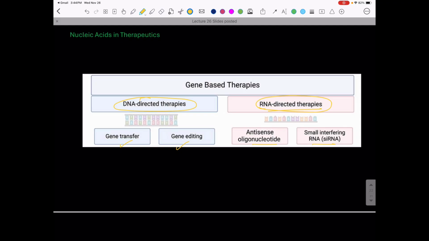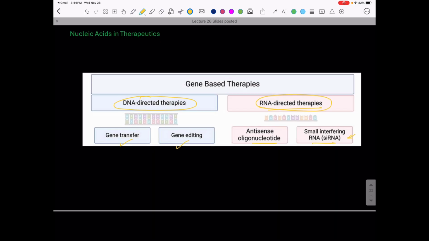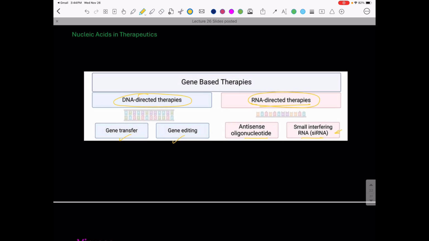You may have heard of these siRNA, small interfering RNA, that are supposed to inhibit the translation process when the mRNA is going to be converted into a protein, or even antisense oligonucleotides, which go and bind to these mRNA molecules and trap them from being translated.